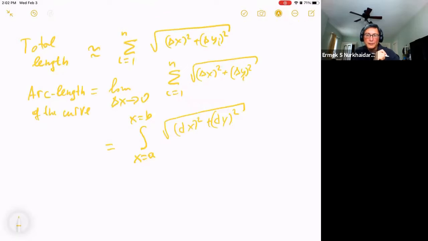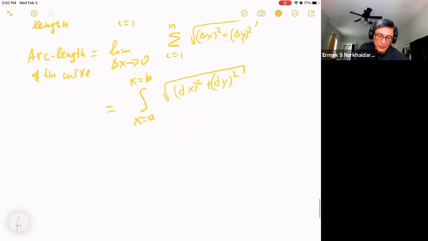So basically we got an integral. The only thing is, when you look at this integral, it's kind of a weird integral. It does not have dx or dy at the end. So we'll need to do a little bit of algebra here to get dx at the end, but we're basically done.